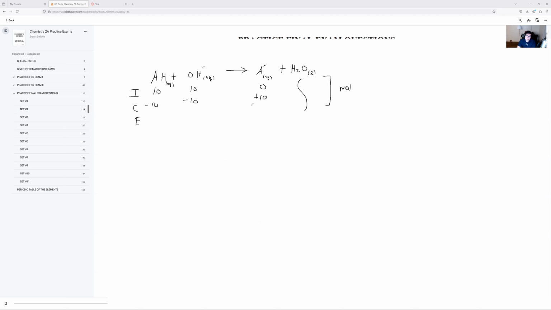This ice table isn't just for equilibrium. You can think of the E as end, and then this is 0, this is 0, and that is 10. So you can see that all of the weak acid got converted into its conjugate base when the moles of the strong base are equal to the moles of the weak acid, just like in lab. On your titration curve, that was this point right here when the moles were equal.